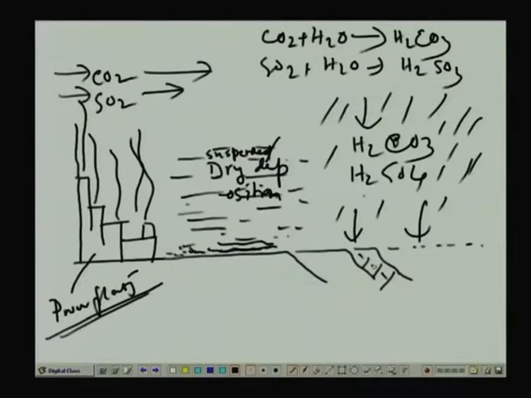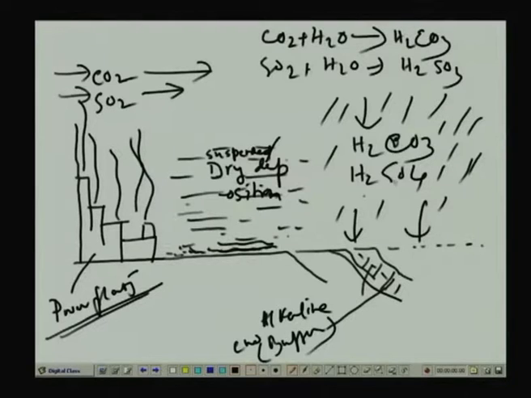to the surface, where in some cases, wherever they find an alkaline environment, this alkaline environment would give rise to a buffer. It would actually work as a buffer where this H2CO3 and H2SO4 would be somewhat neutralized.